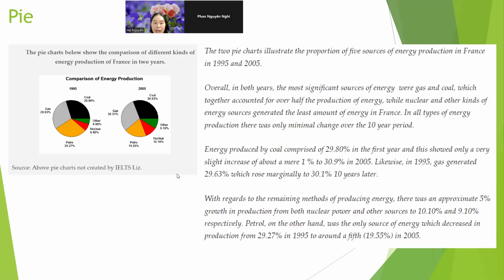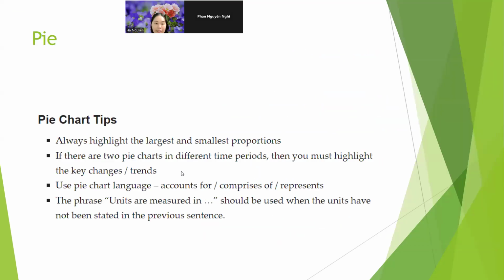Okay, so here are some tips for pie chart. Just have a look. For pie chart, always highlight the largest and smallest proportion. If there are two pie charts in different time periods, you must highlight the key trends or changes. Use pie chart language such as account for, comprise of, represent, and for this task, generate.